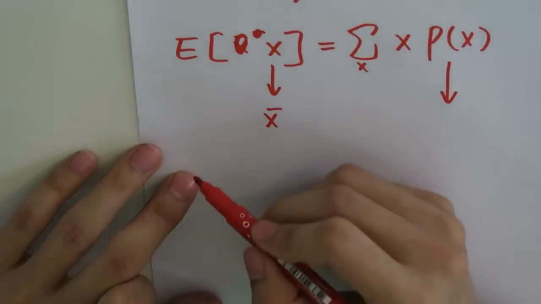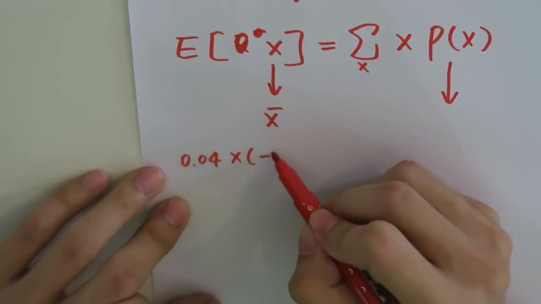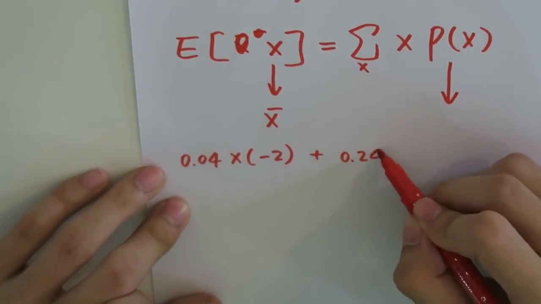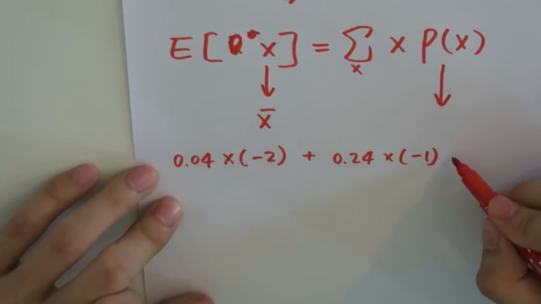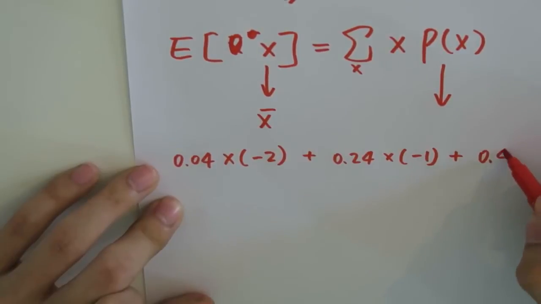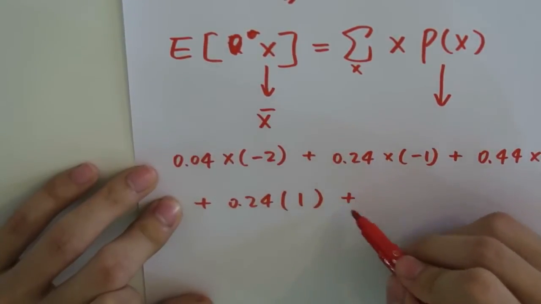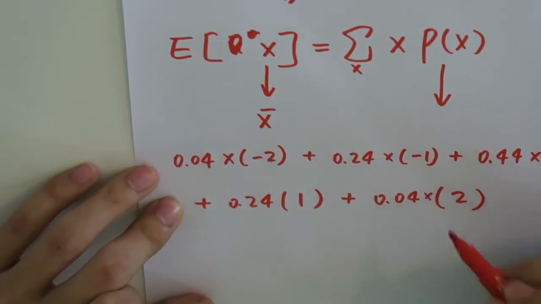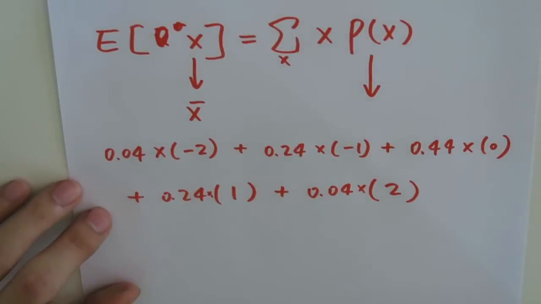That means it's 0.04 multiplied by -2 plus 0.24 multiplied by -1 plus 0.44 multiplied by 0 plus 0.24 multiplied by 1 plus 0.04 multiplied by 2. Okay?